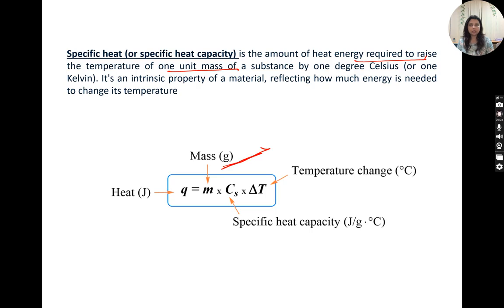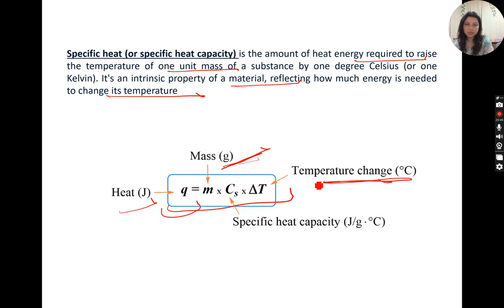Like what is the amount of heat required? It is an intrinsic property of a material reflecting how much energy is needed to change its temperature. The formula by which we calculate specific heat is Q equals m into c into delta T. Q stands for heat, m stands for the mass, delta T stands for the temperature change, and c stands for specific heat capacity.